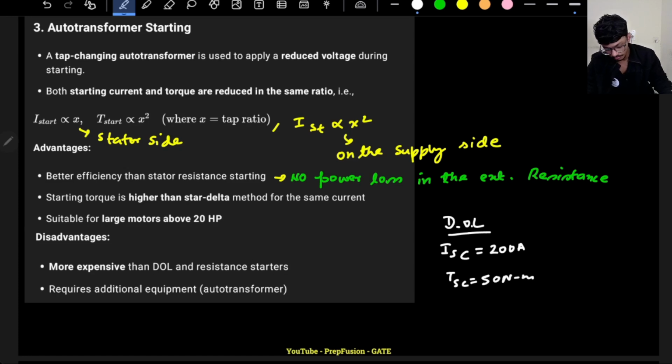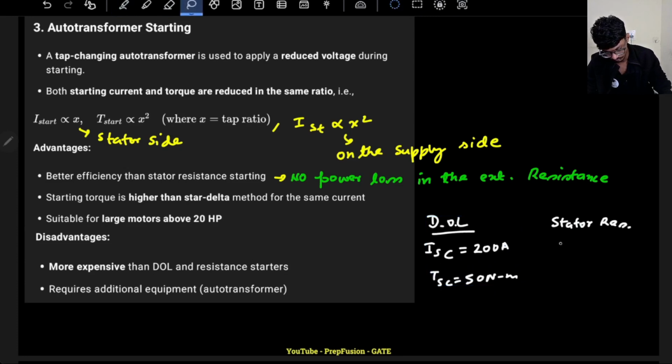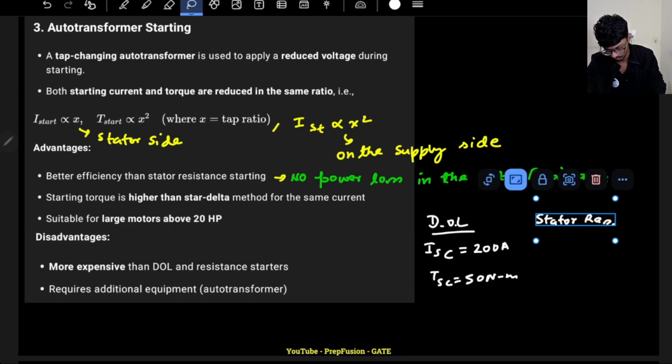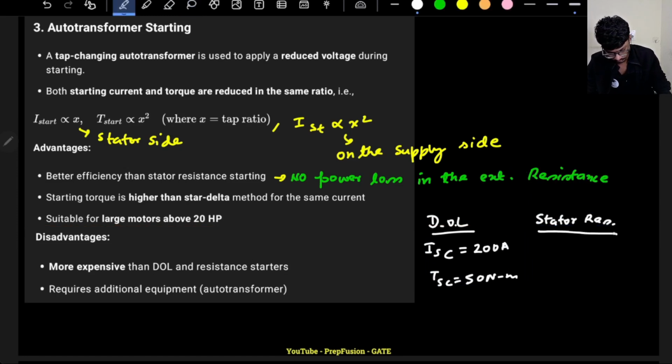Okay, now in case of a stator resistance method, let's take a few numbers. Let's assume that x will be 0.7. I'm not reducing by far, x is 0.7.